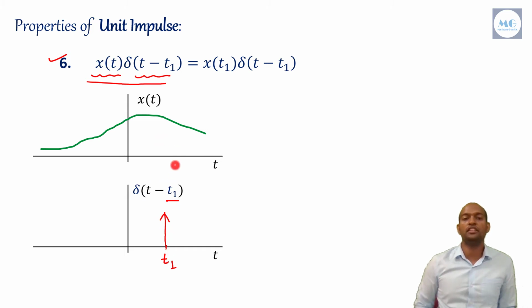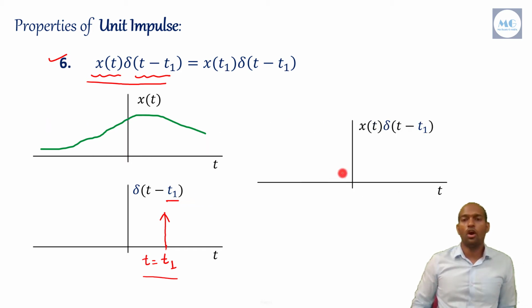Now we have to multiply these two functions. You can see that this function δ(t − t1) is 0 except at the point t = t1. Except this point, this is 0. So if we multiply anything with 0, it will come out as 0. So let's draw x(t) δ(t − t1). It will be 0 except at the point t = t1. Then what will be the value at the point t = t1? We can suppose that this is the point t1.